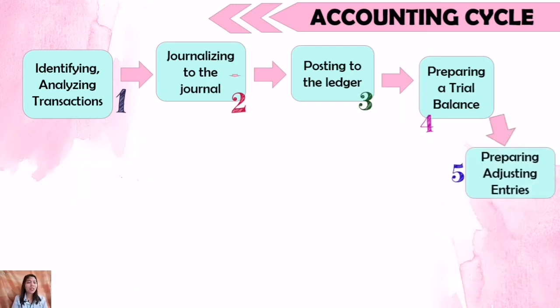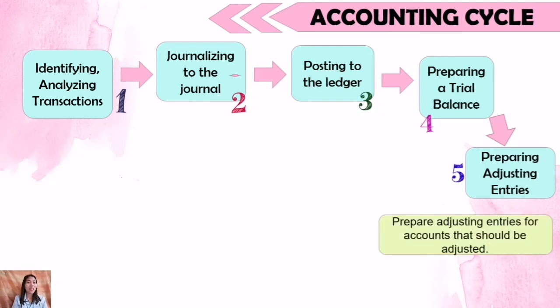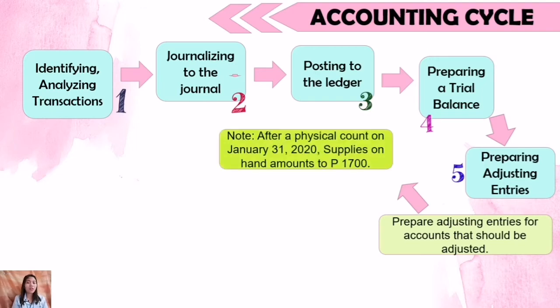After the unadjusted trial balance, we have the adjusting entries. Adjusting entries are prepared for the accounts that should be adjusted. For example, just to show you, after a physical count on January 31, there's this note stating that supplies at the end of January 31 amount to 1,700. If we go back to the previous set of transactions, our supplies here, I cropped it from the ledger, so our supplies is 2,000 on January 3, 2020.